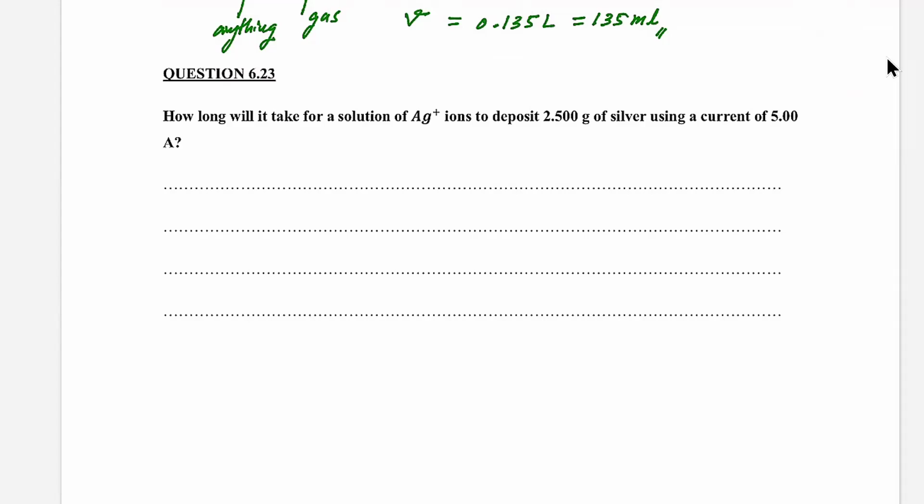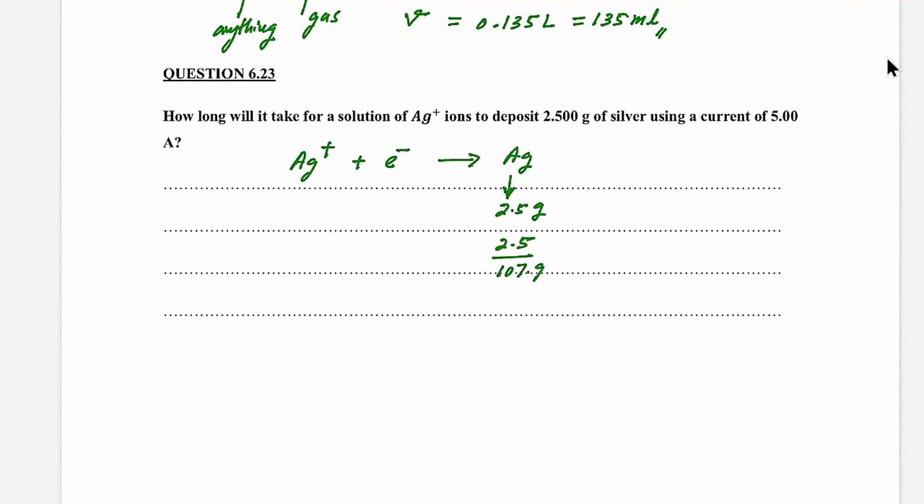Okay. So how long will it take? Right. Let's see. Ag+ plus 1 electron gives Ag. So deposit how much? 2.5 grams. So then we will find 2.5 divided by the molar mass of Ag. How much is the molar mass? Look. 107.9.